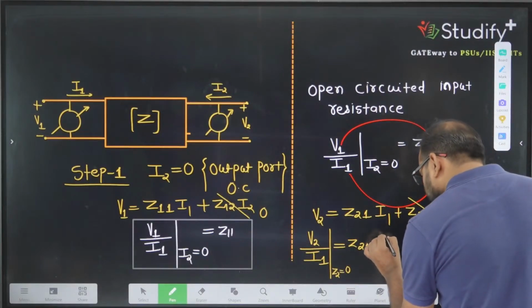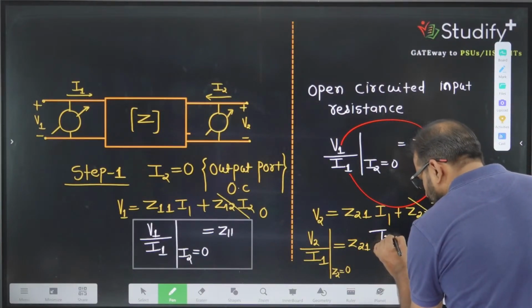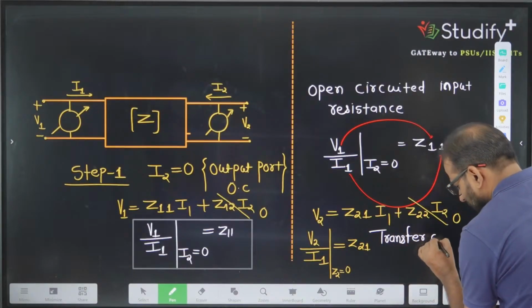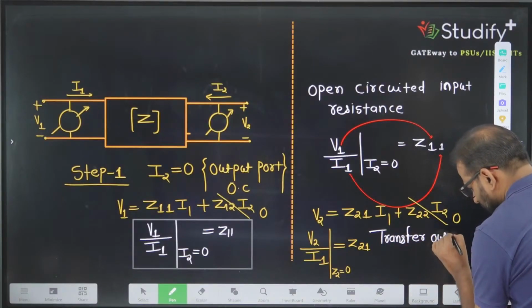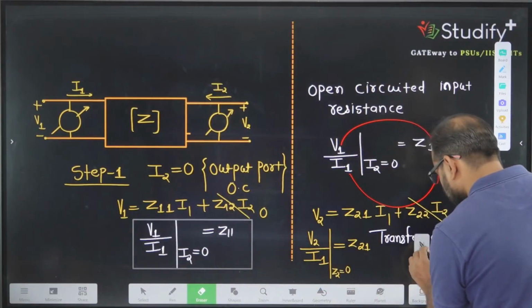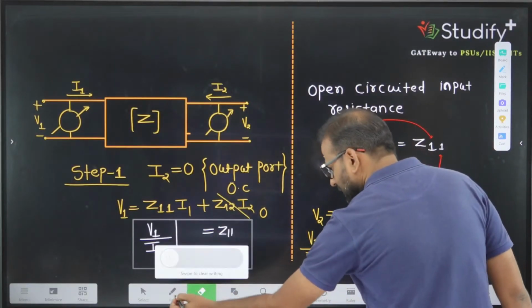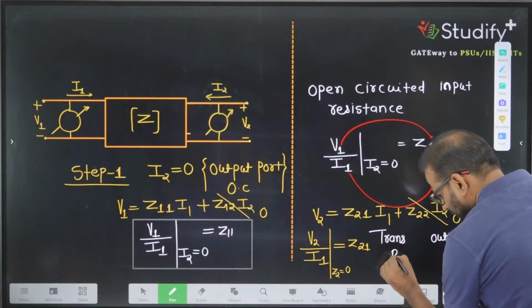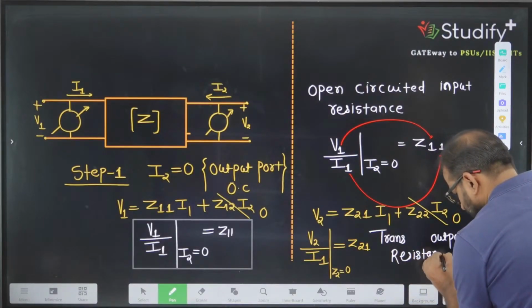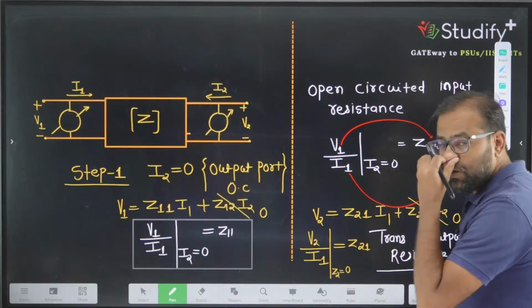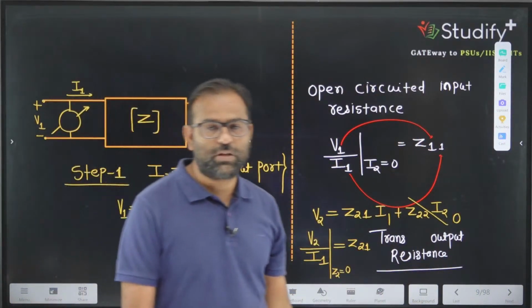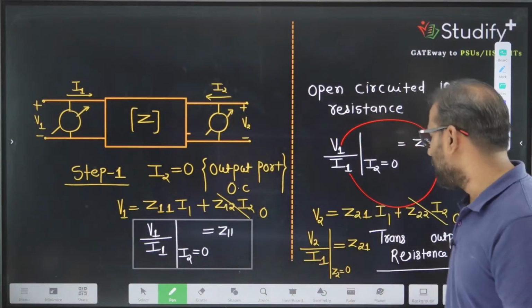So this is transfer, or you can say trans output resistance, because your voltmeter is connected at output and you are supplying current at input. So this is known as the trans output resistance of the two-port network.